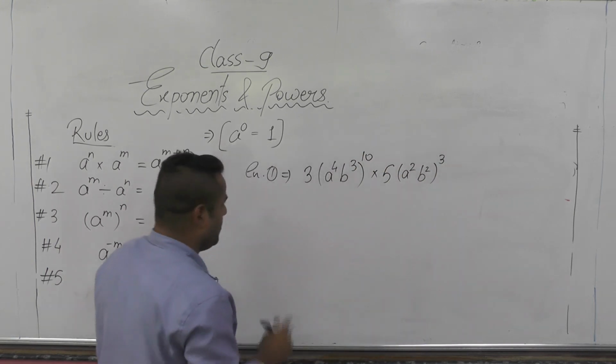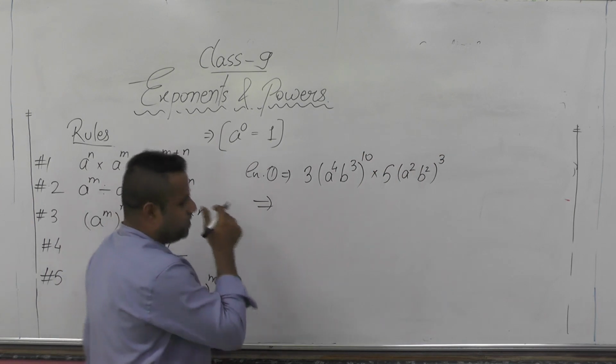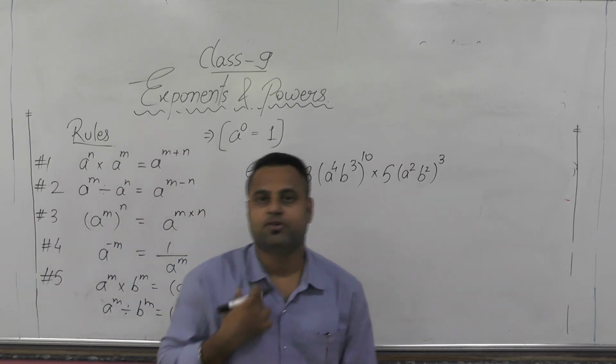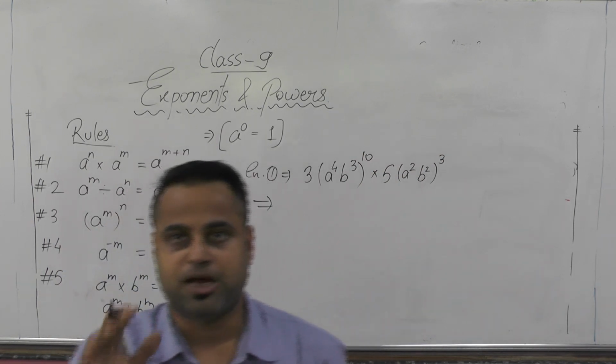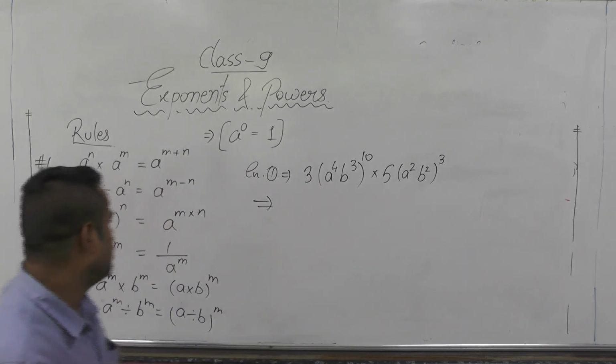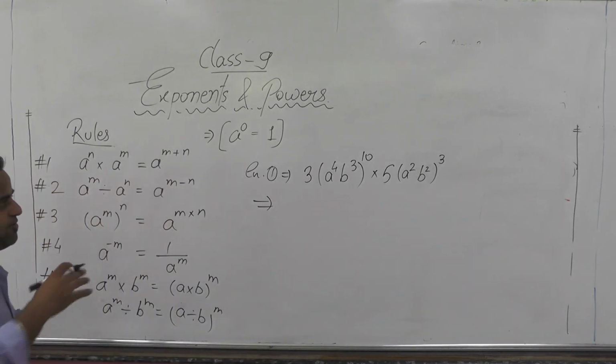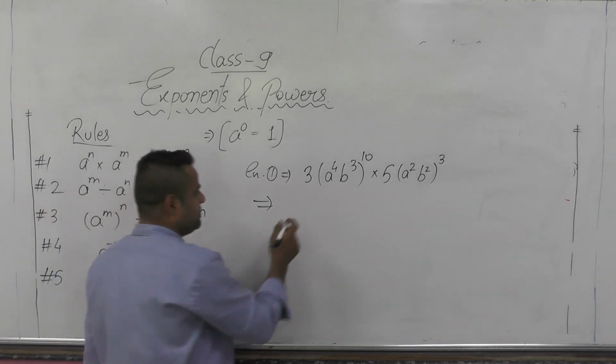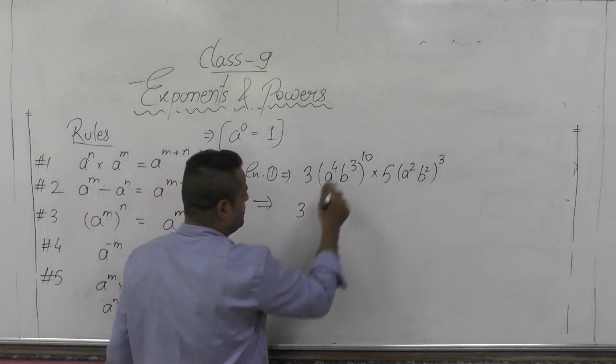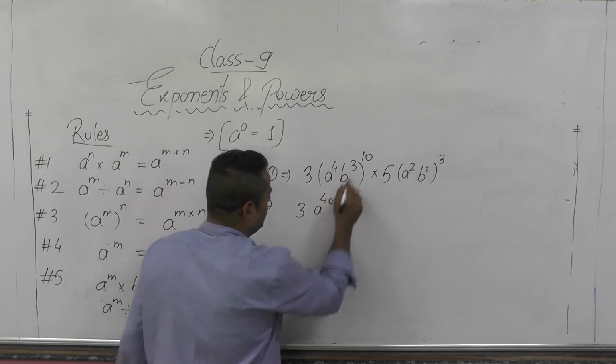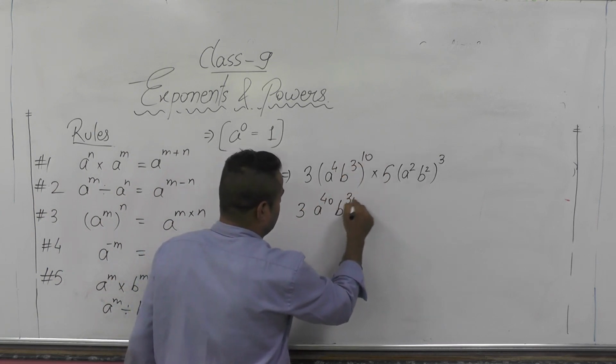Okay. Now, if you go through the rules, first of all you need to open the bracket and apply the rule. The first rule which can be applied is the third rule, power to the power, so we can multiply the powers first. This a to the power 4 into 10 will become a to the power 40 and b to the power 3 into 10 will become b to the power 30.